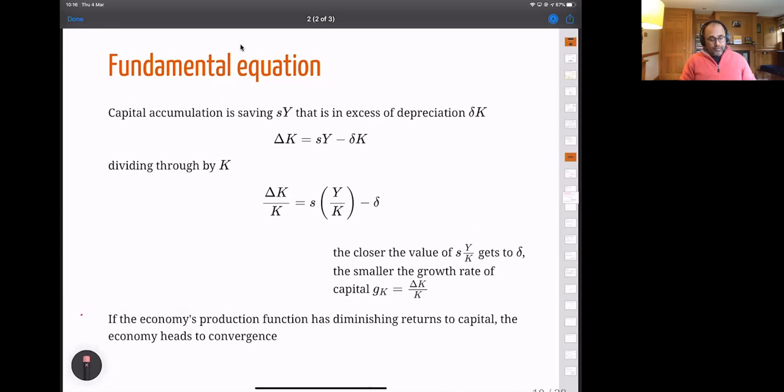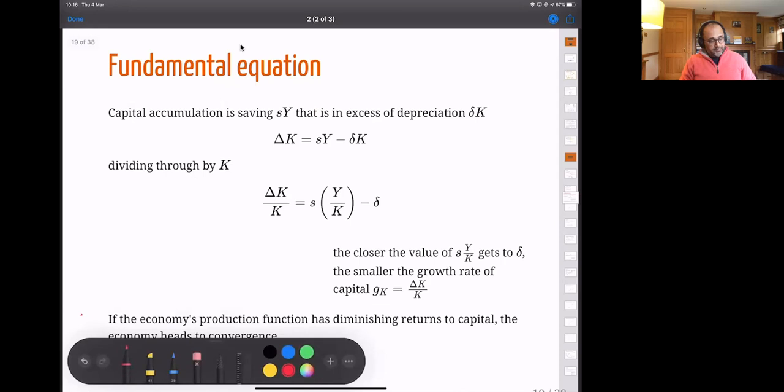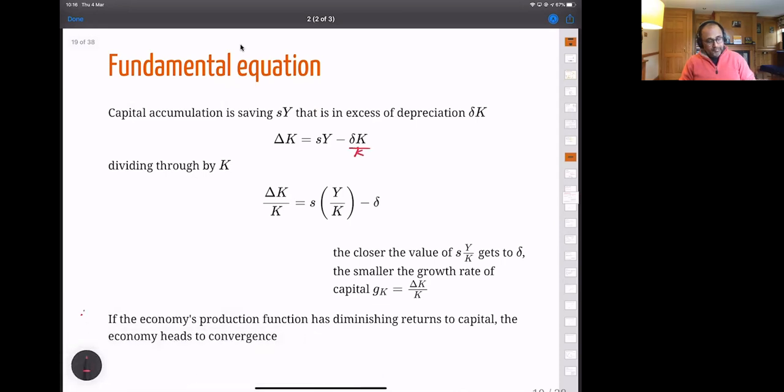Now, all we have to do is divide everything by big K, and what you get is this. On the left-hand side, you have the growth of capital stock, the rate at which the capital stock in the economy is growing.